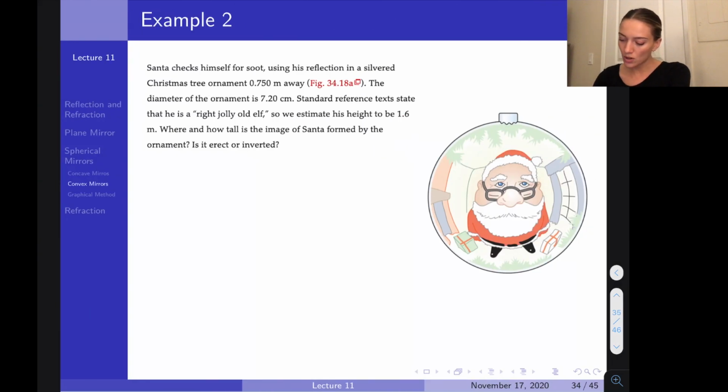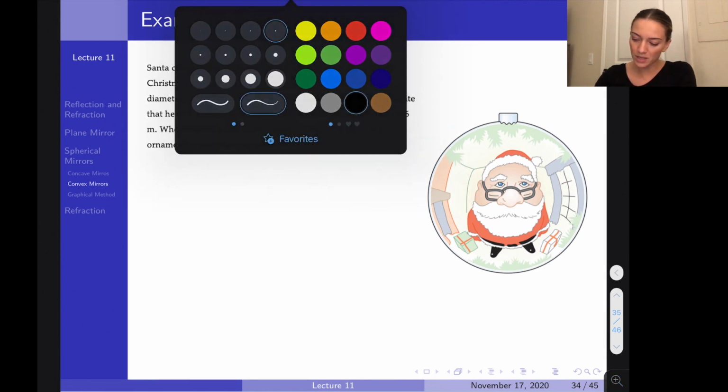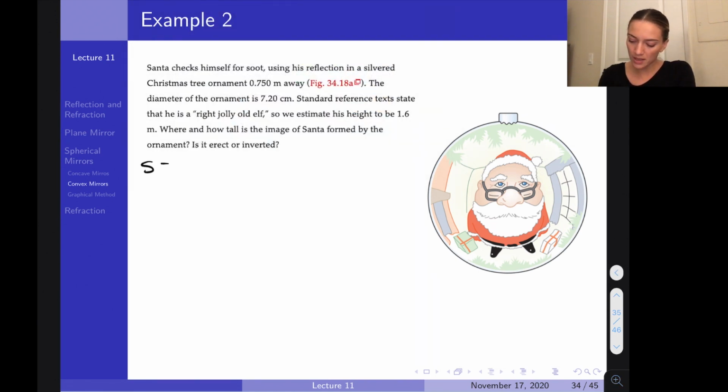Okay, so let's do another example. Here we have Santa checking himself for soot using his reflection in a Christmas tree ornament 0.75 meters away. So that means s, our object distance, is 0.75 meters. The diameter of the ornament is 7.2 centimeters.